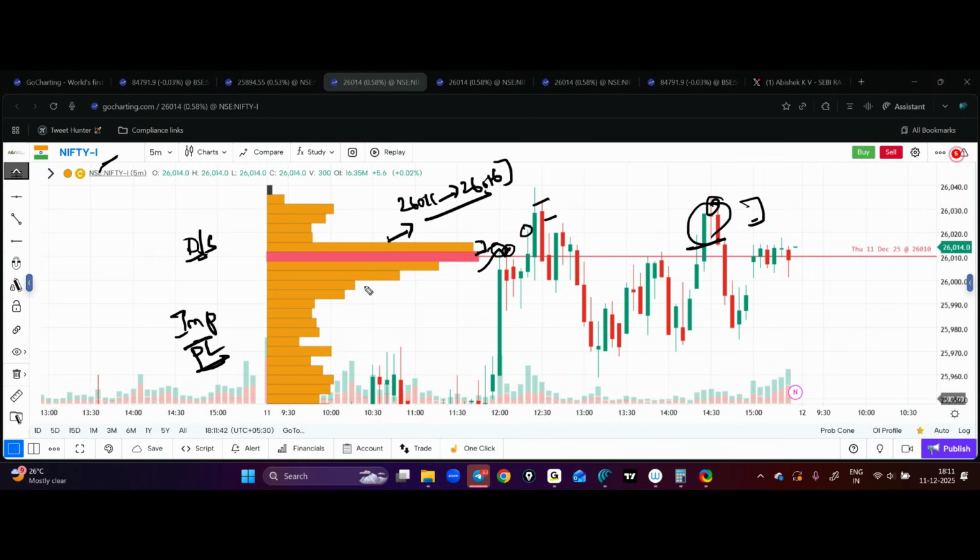Just because you and I are intraday traders who trade on a 5 minute time frame doesn't mean that everyone who's participating in the markets, who's buying and selling, is also trading on a 5 minute basis. They can trade on a 15 minute time frame, or some of them are BTST traders, some of them are swing traders or long term investors.